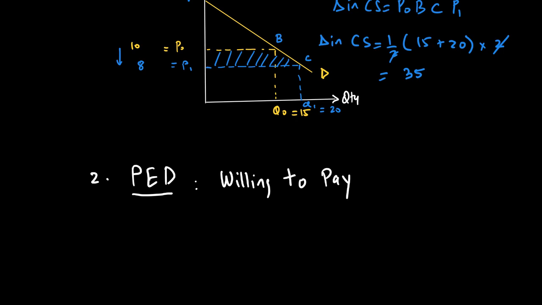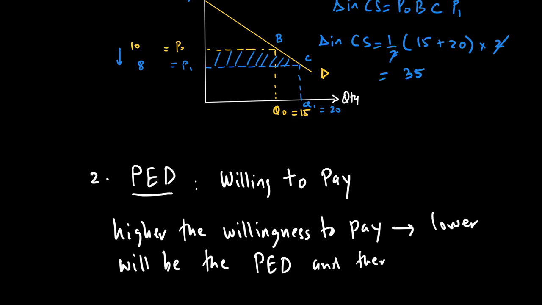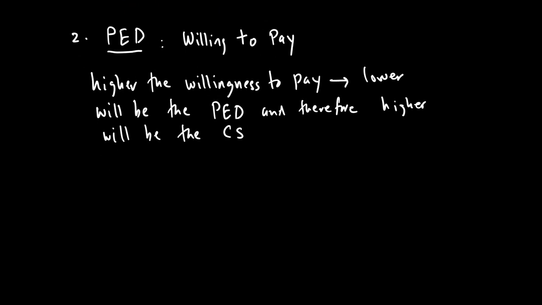If our willingness to pay goes up, so higher the willingness to pay, let me write this, lower will be the PED, and therefore higher will be the consumer surplus. Let's see this through an example.